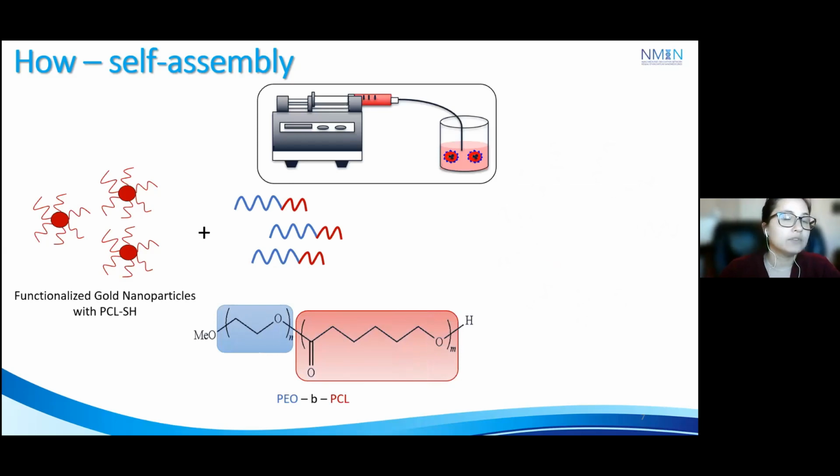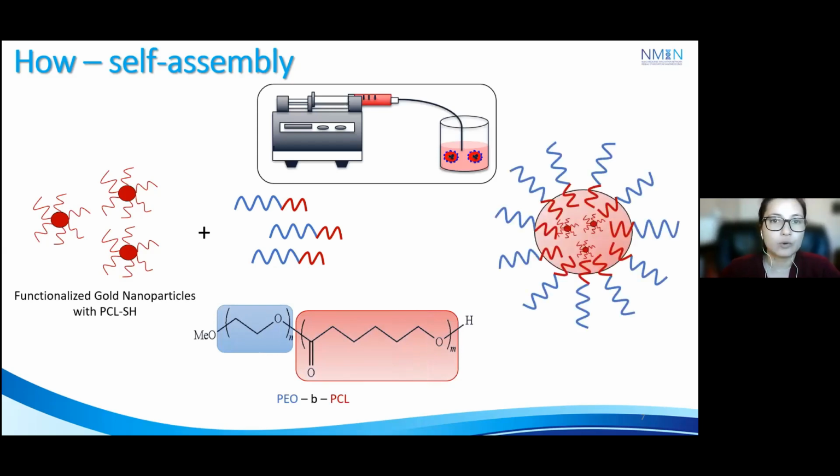So you have the mixing of the particles with the block polymer in an organic solvent, and then you load them into the syringe for the nanoprecipitation, where they form the gold-loaded polymeric micelle.